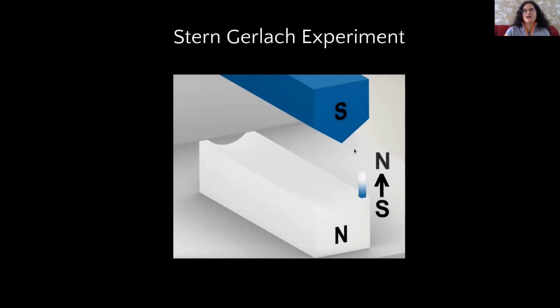So what we can understand from here is that the orientation of the magnetic dipole strip matters, because that is what determines where it will land on the screen behind after getting deflected through these magnets.